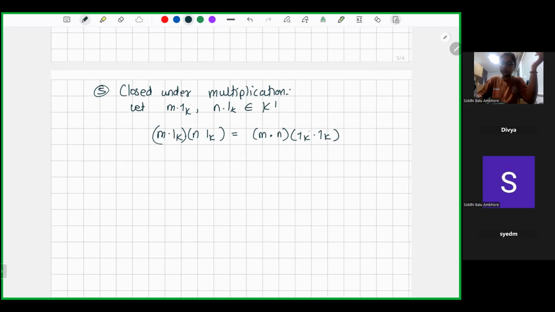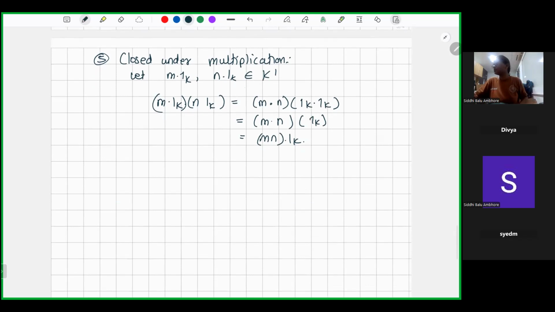We are in the field, so this 1k into 1k anyway will give me 1k, because 1k is the multiplicative identity. So this will give me m into n, 1k. So this is some number into 1k is what we got.